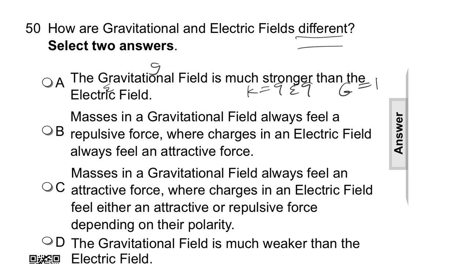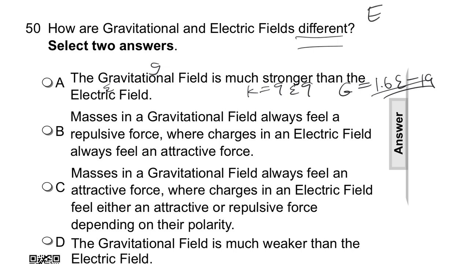What is it? 1.6 e to the negative 19. Because that constant is so much smaller.